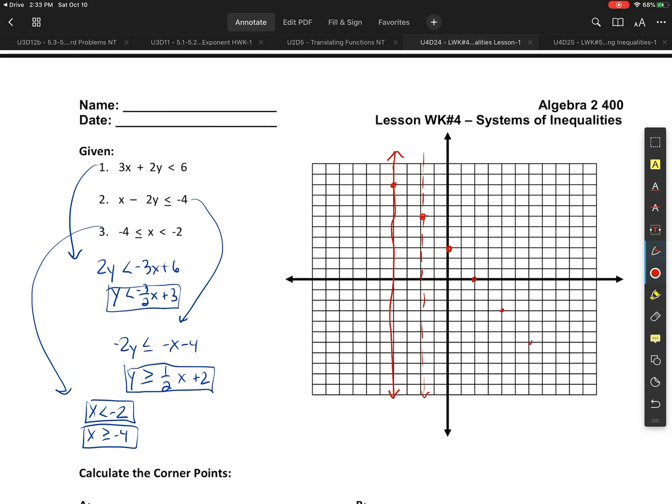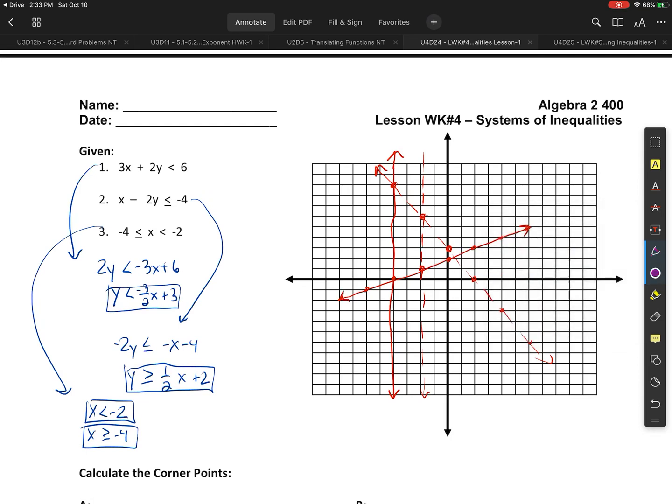What do I got for that one? I have a dotted line. All right. I got my last equation, my y-intercept at positive 2, and I got a slope of down 1 over 2. And the reverse. And here I got my solid line.